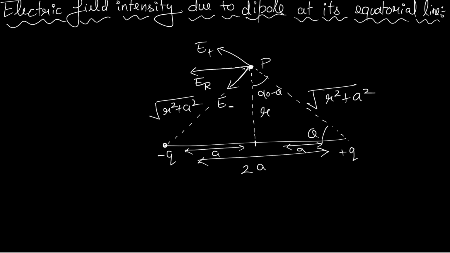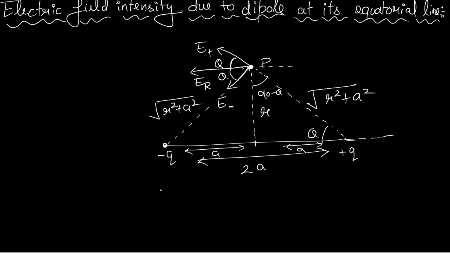Then you can directly say that this is theta, because this is also parallel to this line, corresponding angles. And this is also theta because of the symmetry. Because E positive is equal to E negative, the angle between E positive and E negative is nothing but 2 theta.